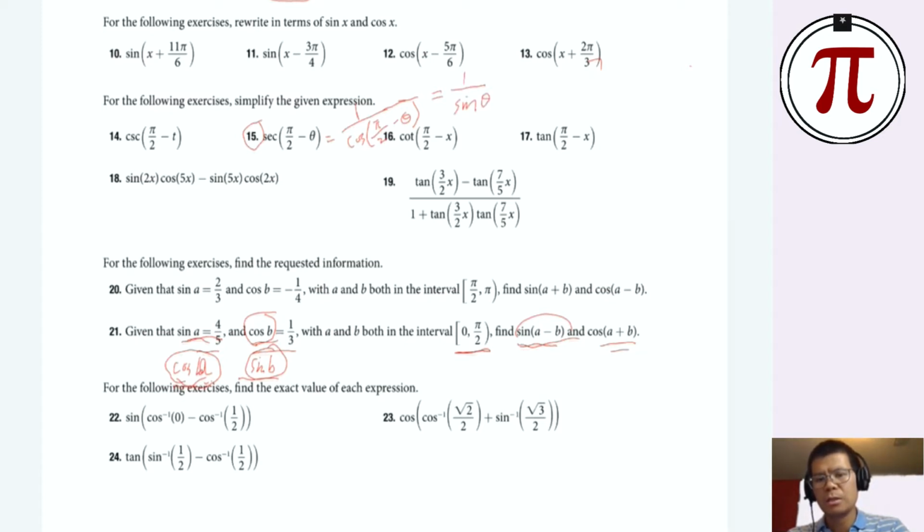Sine theta. So what is 1 over sine theta? Cosecant theta. That is going to be the answer. Does that make sense now, Salim? Yeah. Okay, very good.